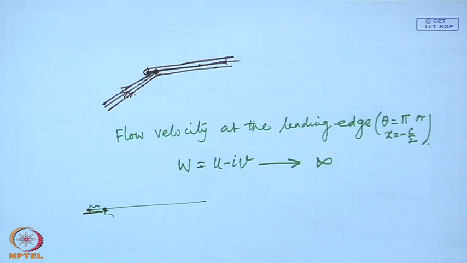Consequently, as the velocity increases, pressure decreases. The flow pressure there decreases. So, when the flow velocity increases tremendously, we can say the pressure has decreased tremendously or infinitely, minus infinity, and we are calling it suction.